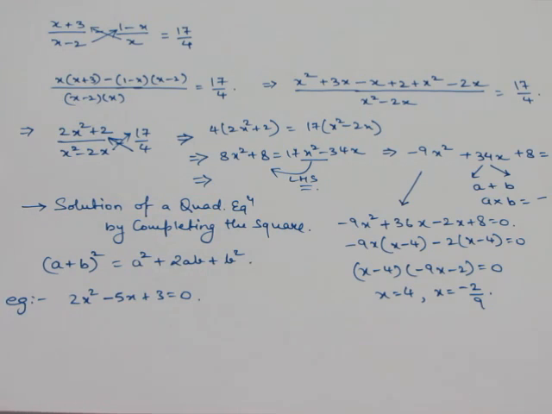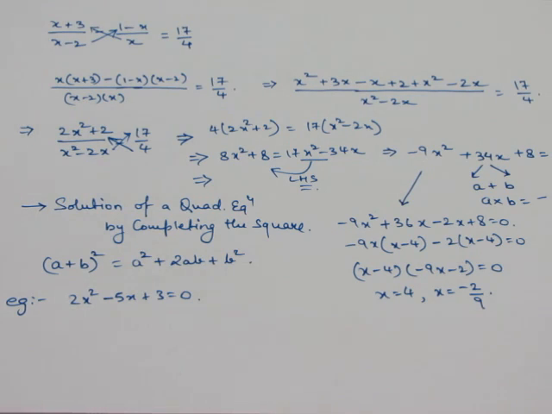What I need to make in this is a perfect square in the end. To make it a perfect square, I'll be needing this x square, because this is the only square quantity. Numericals I can add afterwards.